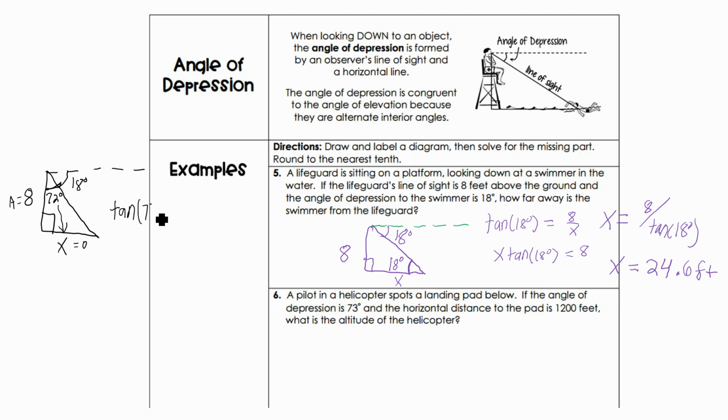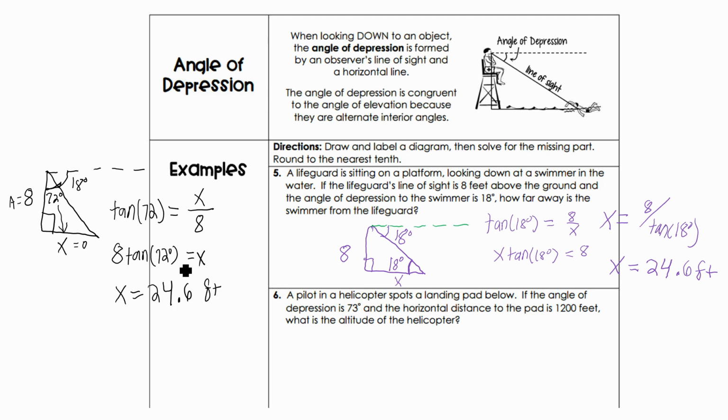So tan of 72 equals opposite, which is x, over adjacent, which is 8. Move that 8 over. Punch that in your calculator, and it should be the same thing, and it is 24.6.